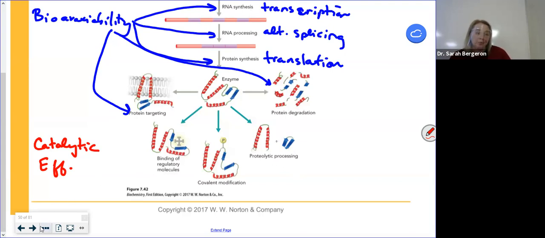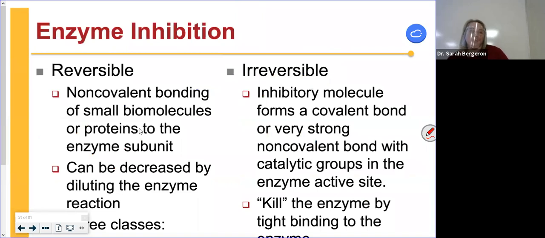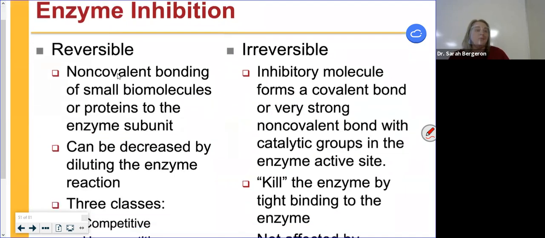All right, so now that we know those, we're going to talk about really just these down here, catalytic efficiency, and how we can control it, even though bioavailability is really cool too. There are a lot of different ways that we can inhibit enzymes. There are reversible things that we can do, and there are irreversible things. So reversible, any non-covalent interaction of little molecules to our enzyme, right?